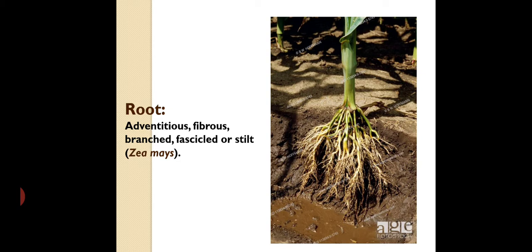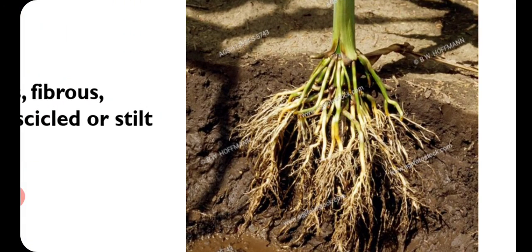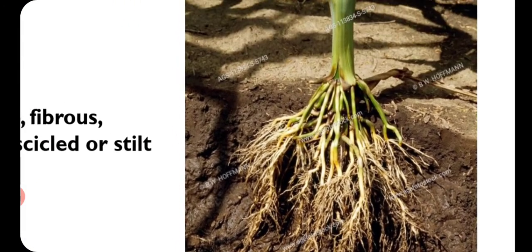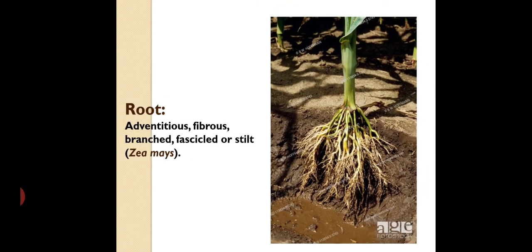Here one photograph is Zea mays, the corn, in Malayalam it is cholam, and here the roots are adventitious, sometimes fibrous, branched and fascicled or stilt roots. You can see that these fibrous roots are highly branched also. These are some interesting points related to the root system of this family.